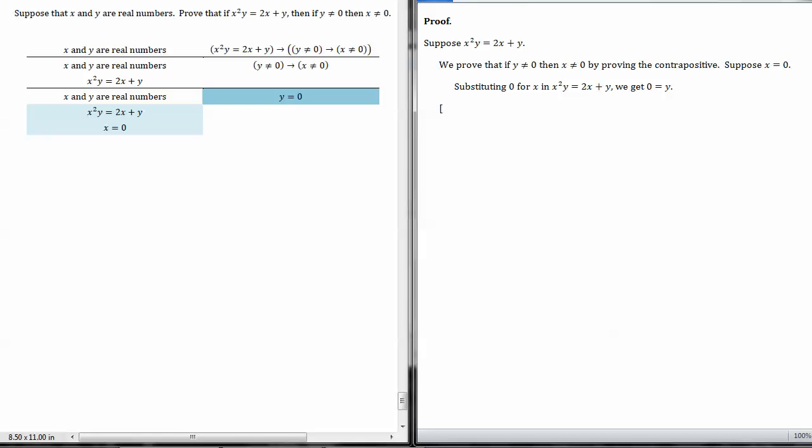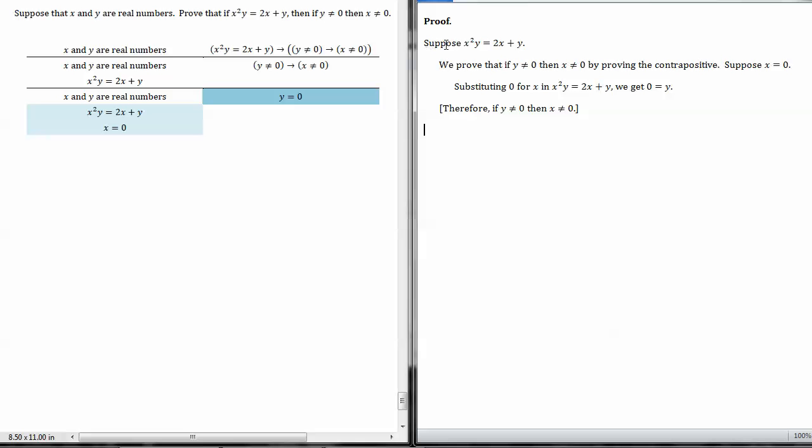But let's unwind the layers here just to be extra clear. So therefore, we've completed our proof of the contrapositive. So we know that if y is not equal to 0, then x is not equal to 0. And so that finishes that layer.